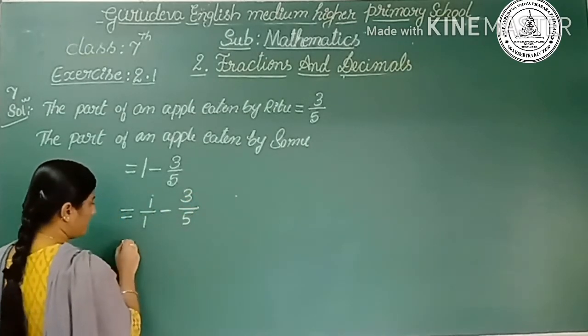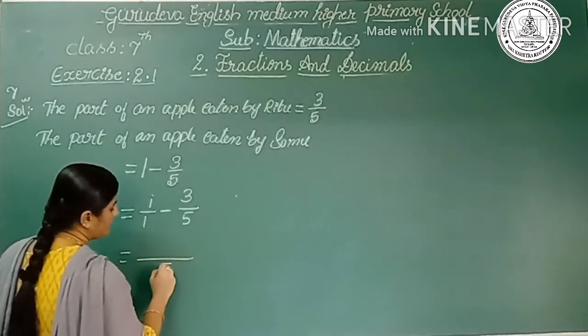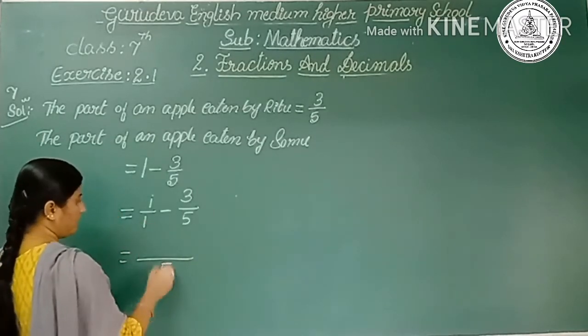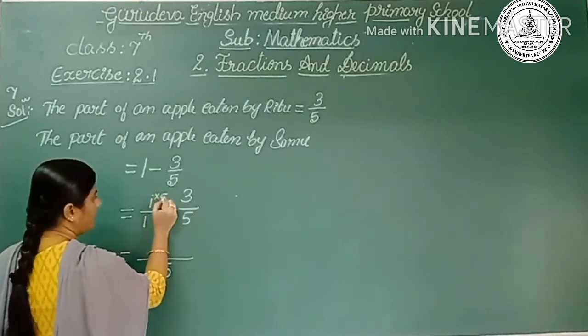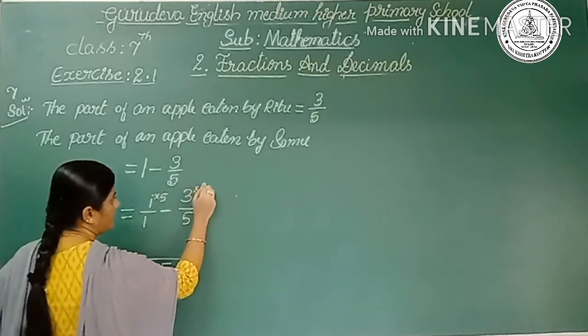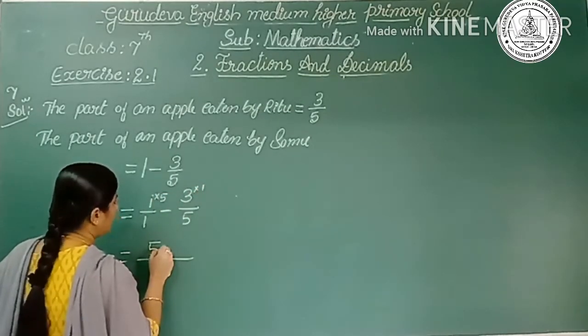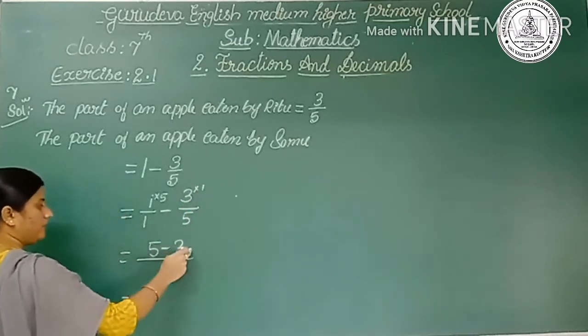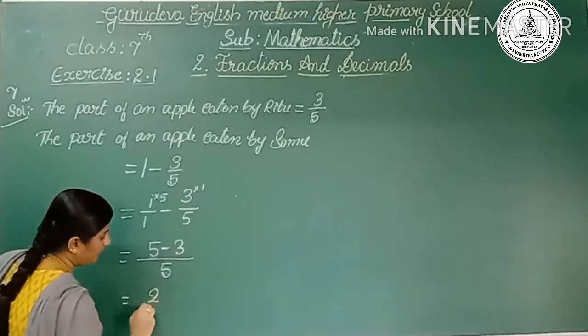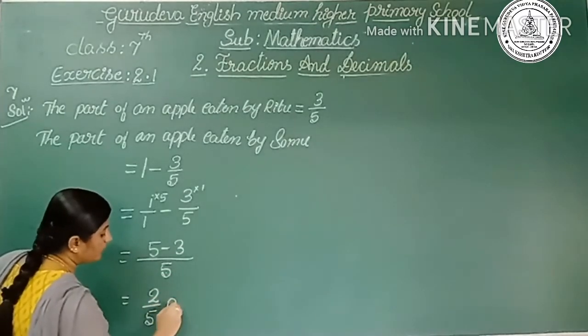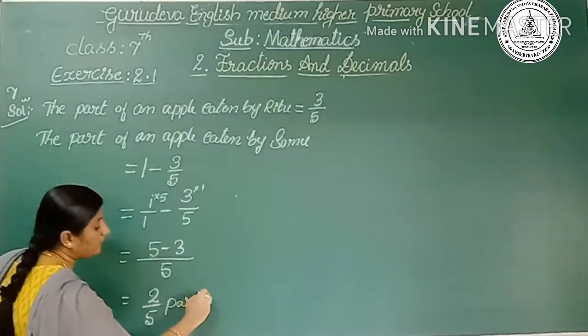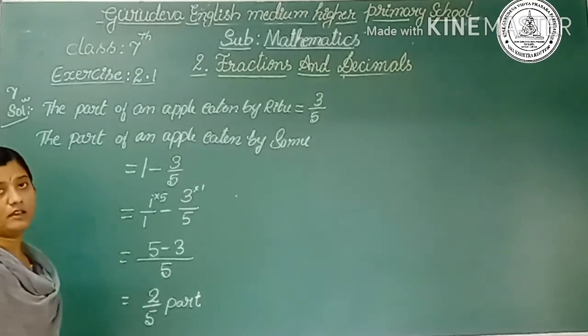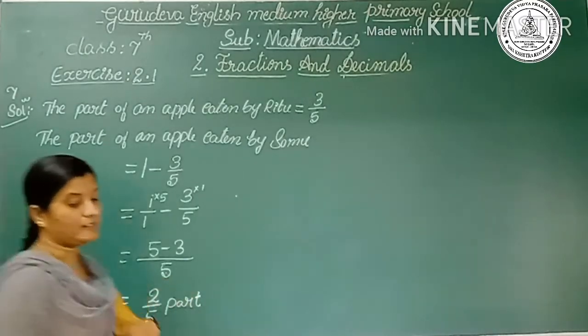So what is the LCM of 1 and 5? It is 5 itself. 1 times 5 is 5, and 5 times 1 is 5. Then 1 times 5 is 5, minus 3 times 1 is 3, which is equal to 5 minus 3 is 2, so 2 by 5. So 2 by 5 part is eaten by Somu.